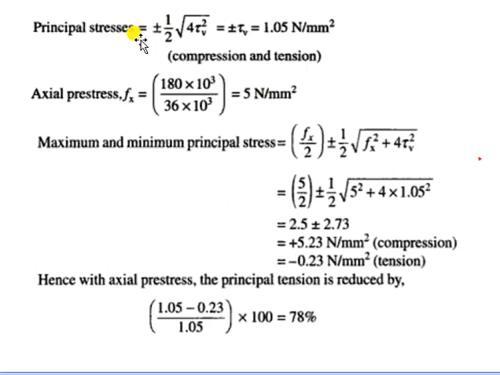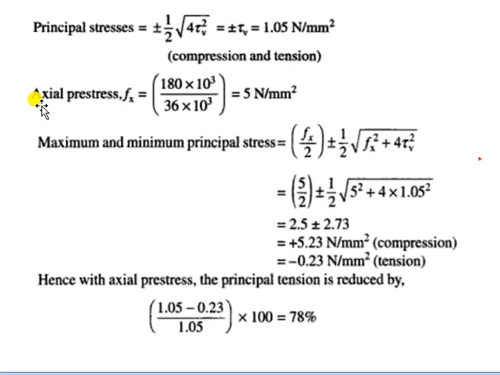There is no pre-stressing done in horizontal direction as well as in vertical direction. When f of x and f of y are equal to 0, the equation becomes plus or minus 1 by 2 square root of 4 tau v square, so plus or minus tau v, which is 1.05 Newton per mm square. So principal stress when no pre-stressing is done is equal to 1.05 Newton per millimeter square.